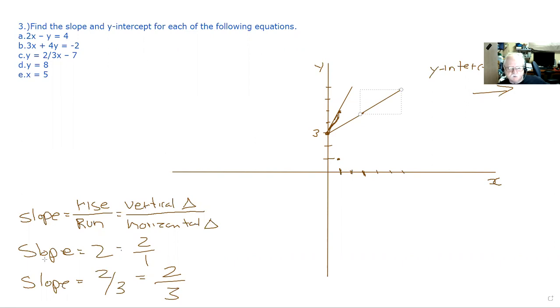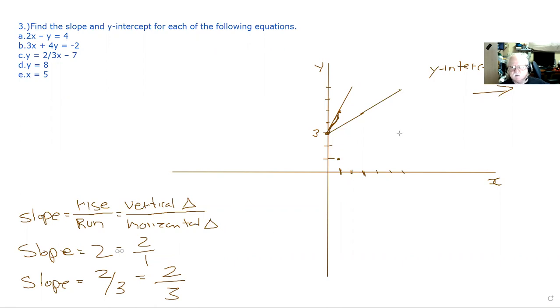So if they give you the slope, if the slope turns out to be just a positive number or a negative number, put it over 1 to sort of interpret what it's doing. If it's already a fraction, then you don't need to put it over 1 because you've already got a number for the rise and a number for the run, or a number for the vertical change and a number for the horizontal change.